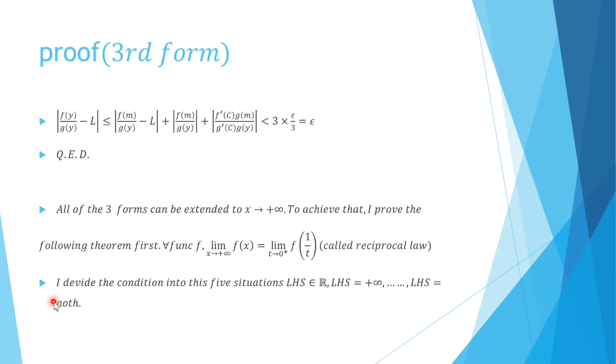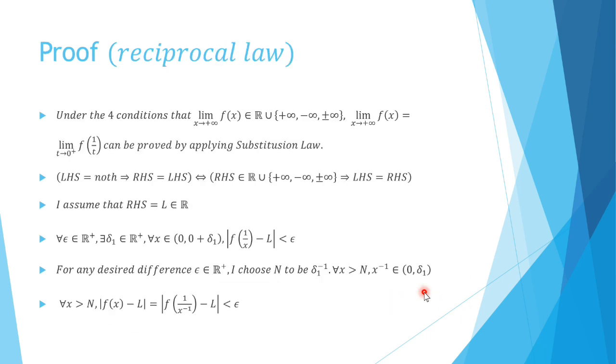I divide the condition into these five situations. The left-hand side is a real number, positive infinity, negative infinity, both-sided infinity, and the left-hand side does not exist. Under the four conditions, the equivalence can be proved by applying the substitution law.